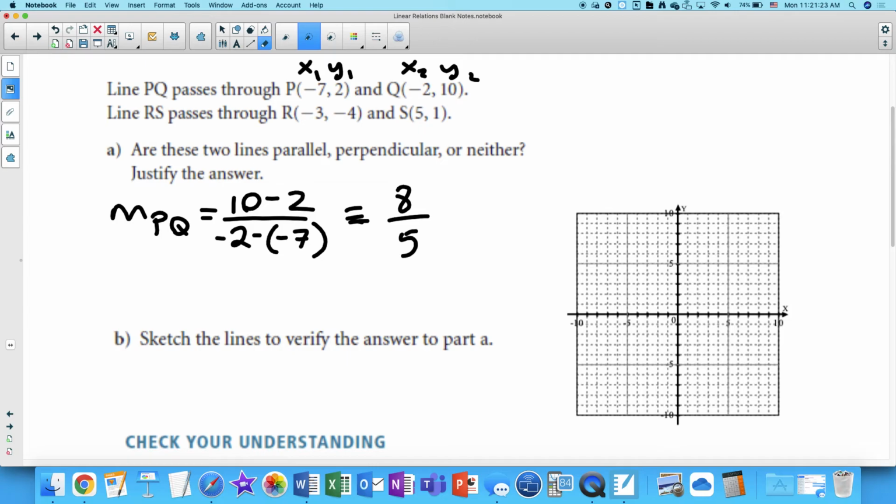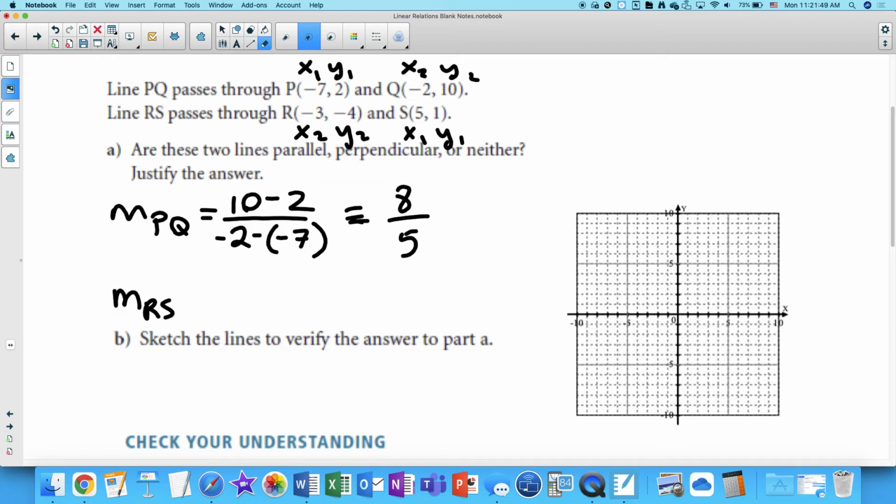Then if we look at the slope of RS, I'm going to switch this again: x2, y2, x1, y1. When I switch, I don't have a grand scheme except to expose you guys to lots of different ways of doing things and to show you that they are all the same.